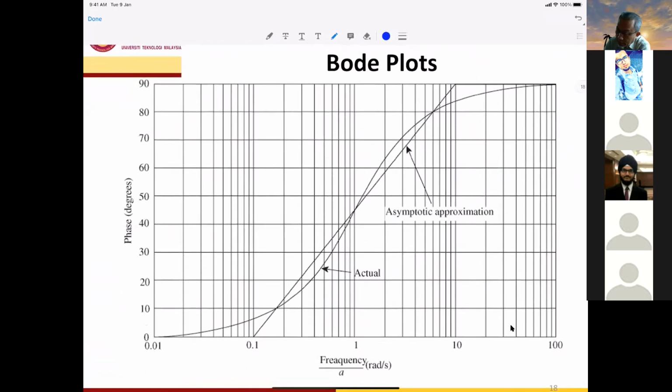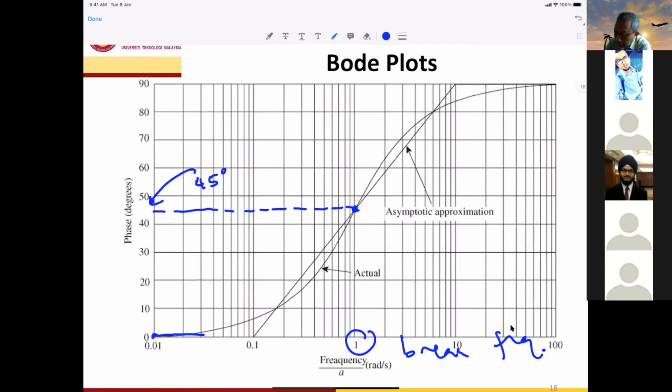Since the break frequency is at 1 radian per second, the break frequency occurs at this point, which is 45 degrees. So you can see that the straight line approximation is here.